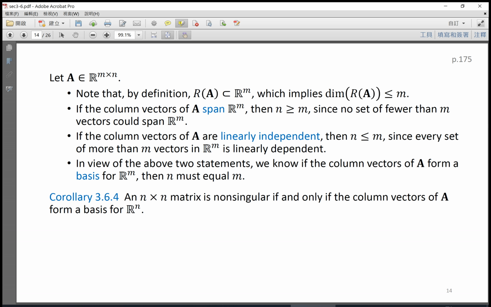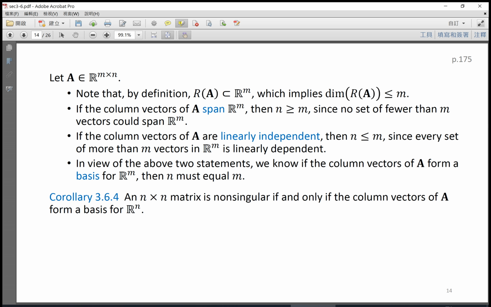If the column vectors of A are linearly independent, we will have n is less than or equal to m, because every set of more than m vectors in Rm is linearly dependent.